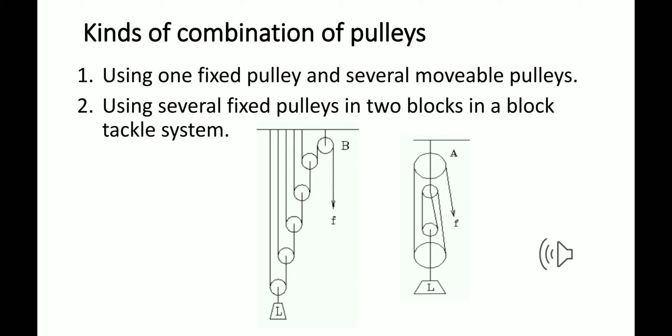And second, using several fixed pulleys in two blocks in a block and tackle system. That means above and below, you can see the pulleys are connected to each other. There is a load which is hanging, and this is known as a block and tackle system. They all are fixed with a strip which is joined from the center of the pulleys, and so it is a block and tackle system. So we move further.